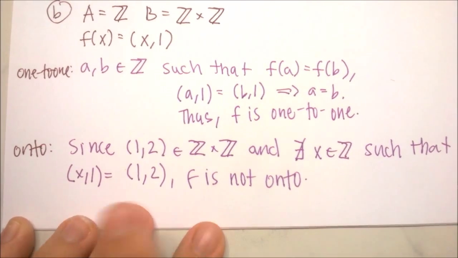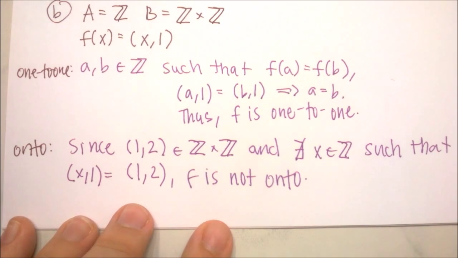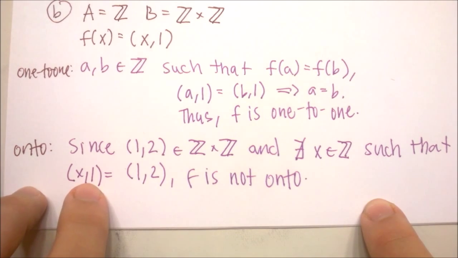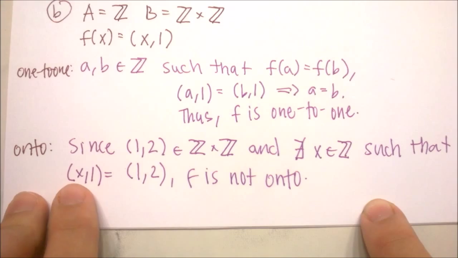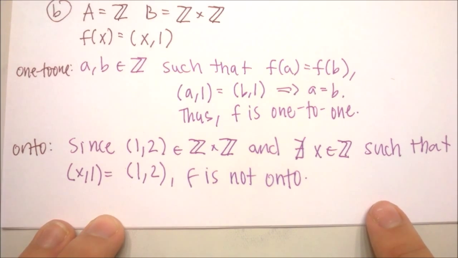So we knew that 1, 2 was an element of an ordered pair, and we knew that since the second coordinate is fixed to 1, 2 will never be covered by this mapping. So f could not be onto. Okay.